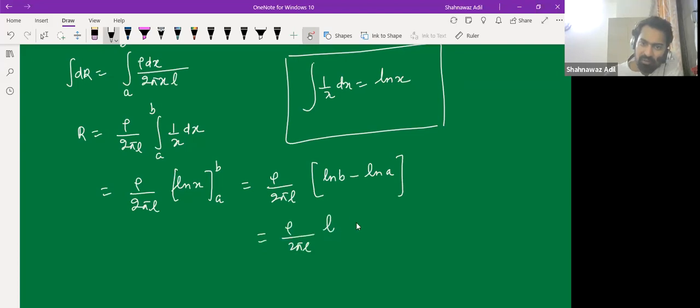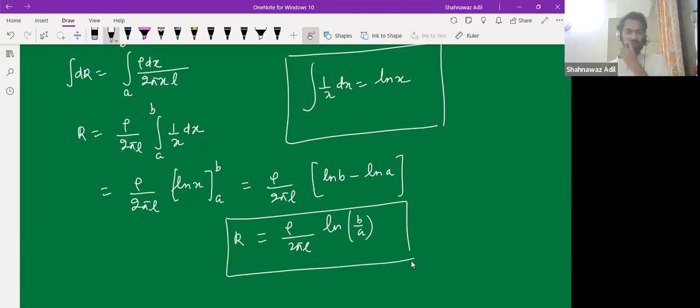That is ln of B by A, right? So is this part clear?